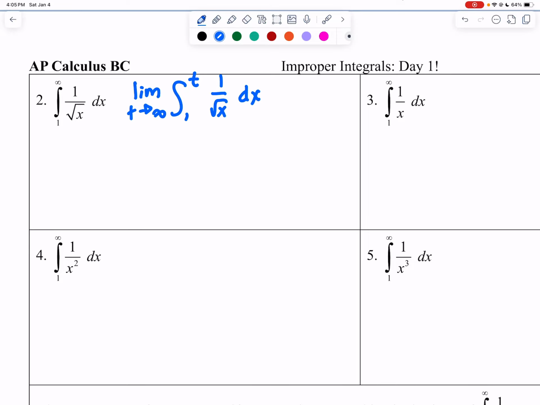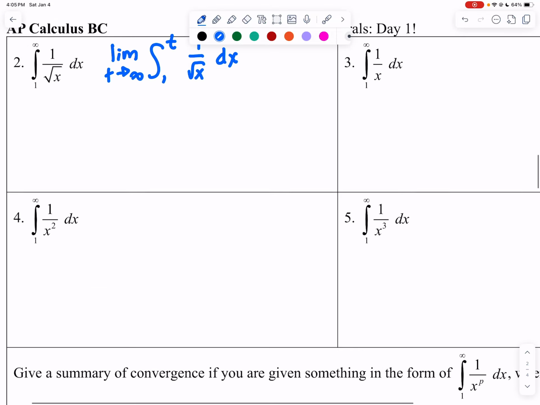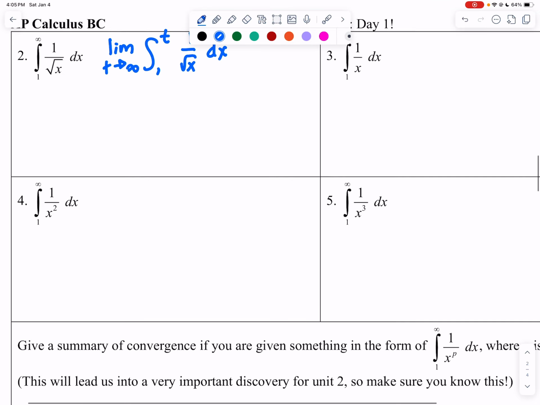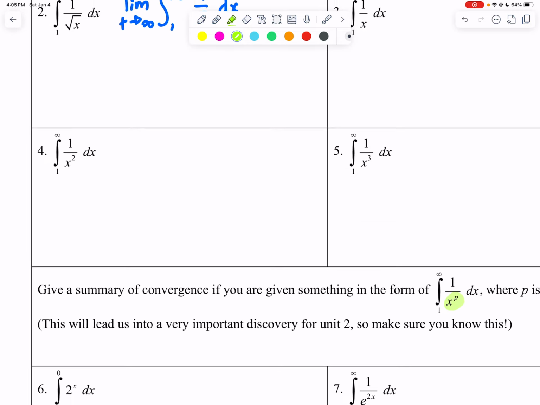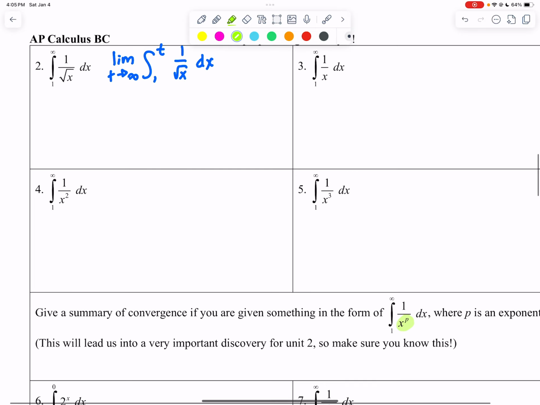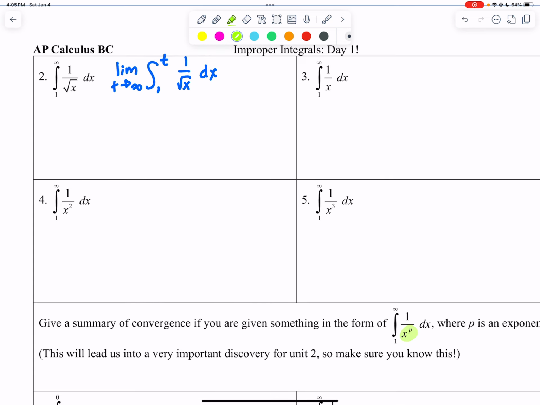And then you're going to see what happens between 2, 3, 4, and 5, given that it's in the form of 1 over x to the p power, where p is your exponent. Something special does come up, so it is going to be very important that you understand what happens there in preparation for Unit 2. And I think these are easy integrals for you to deal with. So I think you guys can do that on your own. And you guys can check the student notes for that.